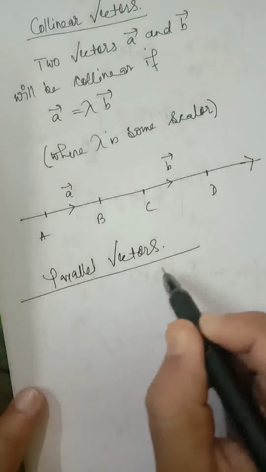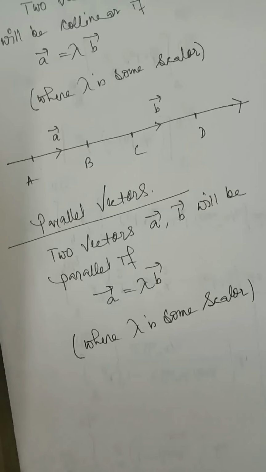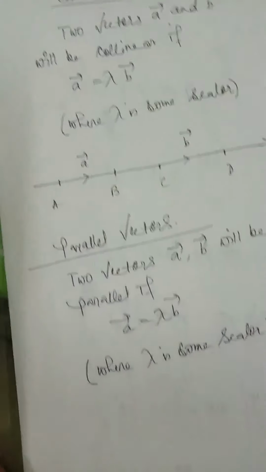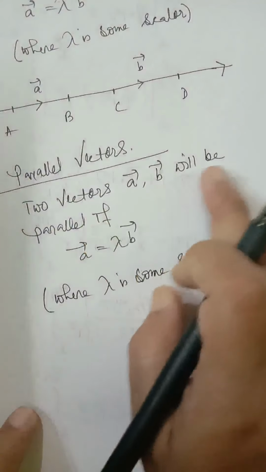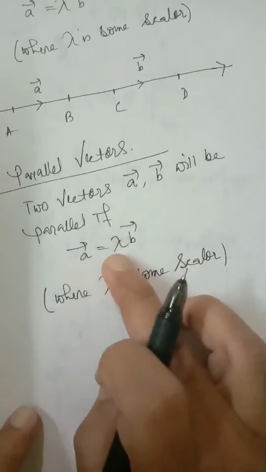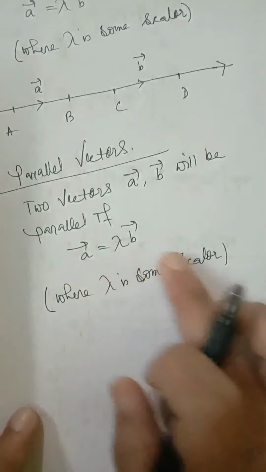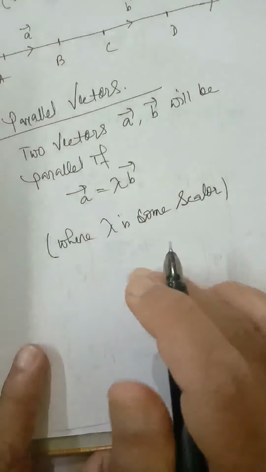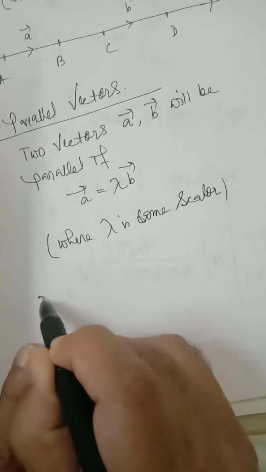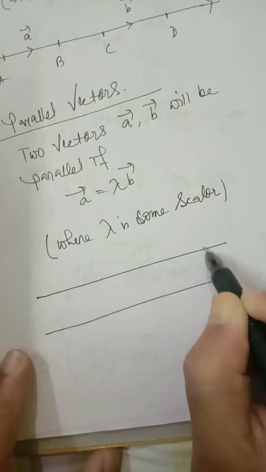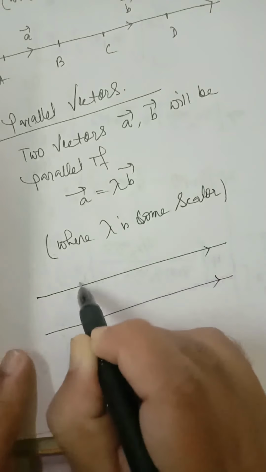Next, parallel vectors. The mathematical definition is the same as that of collinear vectors. Two vectors A vector and B vector will be parallel if A vector equals some constant or some scalar into B vector. So let me draw a figure to explain this. Suppose these two are parallel rays.